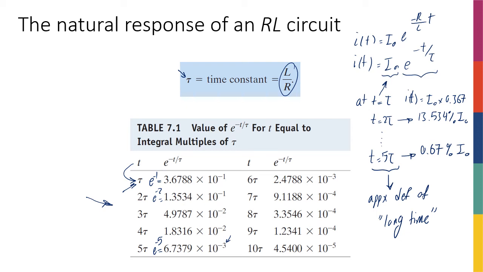Then you can say that after 5 tau, 5 time constants, it's been a long time, so you can safely say that there's no change happening in this circuit anymore. That is what we mean by long time from now on. And by time constant of an RL circuit, we always mean L over R.